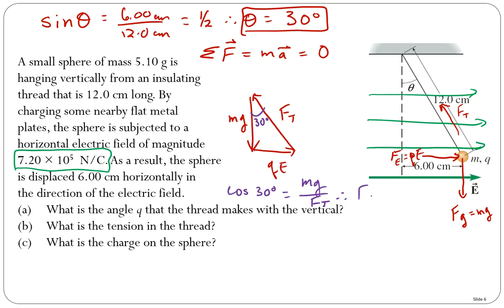Therefore, force of tension equals mg over cosine of 30 degrees. We have m right there, 0.00510 kilograms, g 9.8. Multiply that by 0.866, because that's cosine of 30 degrees, because we had to memorize that. And you have a number. I'm not doing the number because it's just math. It's going to be in newtons.